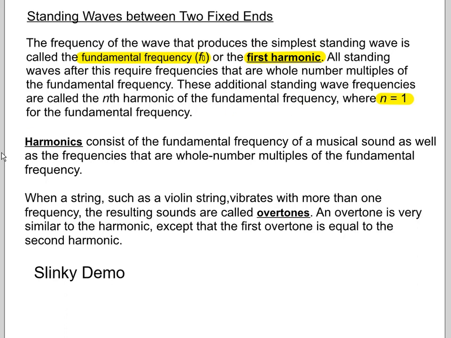If you're into music and you want to read more about harmonics, you're welcome to. We're not going to talk much about overtones, and what you'll see with overtones is they're just one off in their numbers, but we're going to stick with just harmonic or the fundamental frequency because it's a little easier to follow. So I'm going to do a little Slinky demo here, and you can watch that, and I'll go through a bunch of terms, and then we'll come back and carry on this conversation.